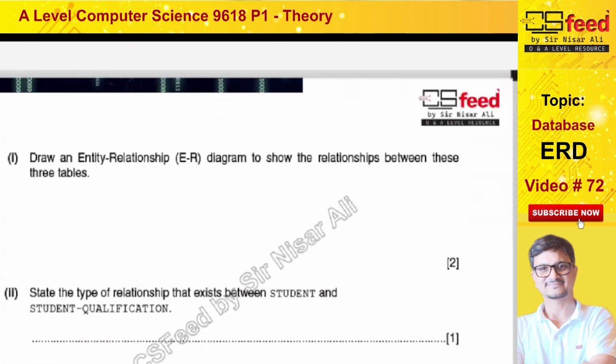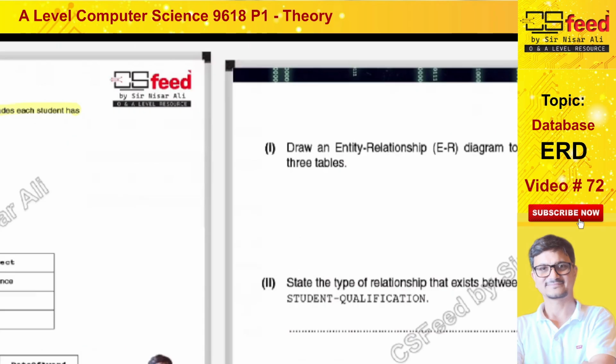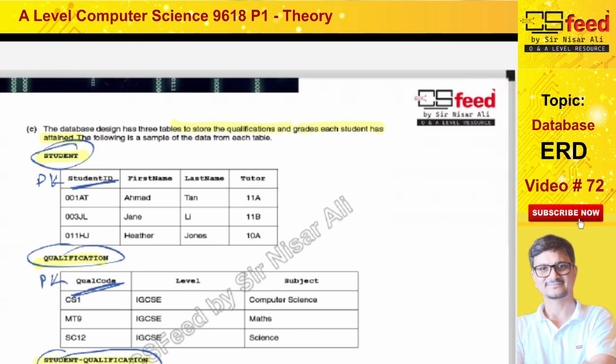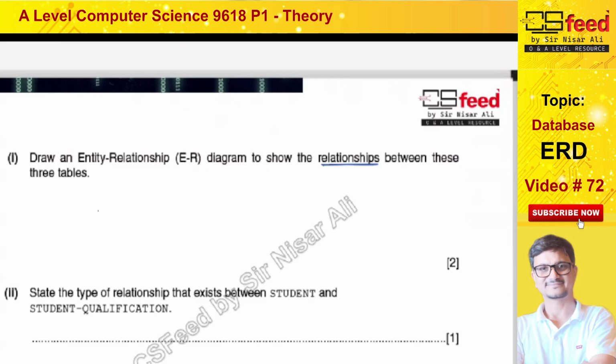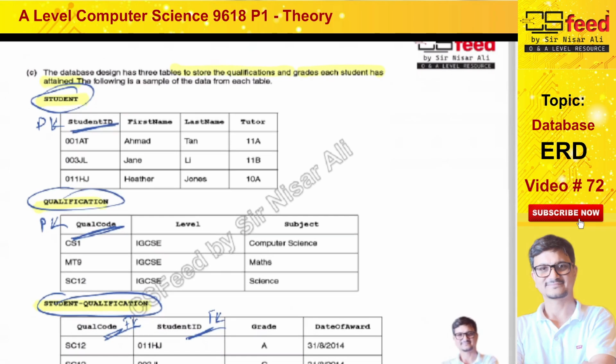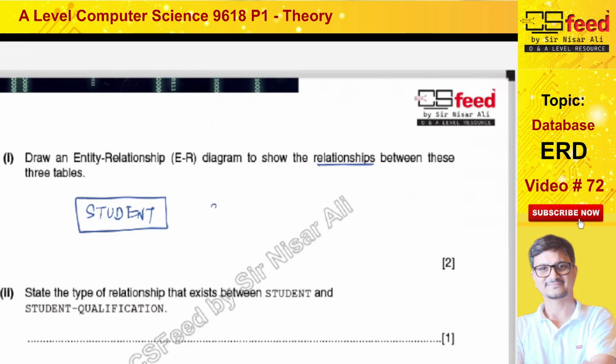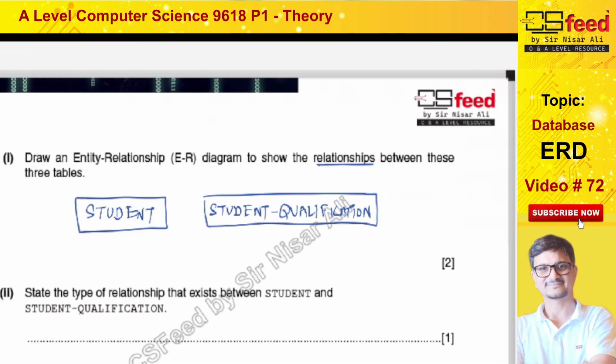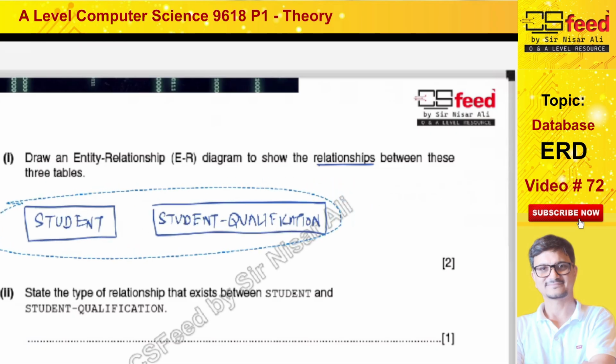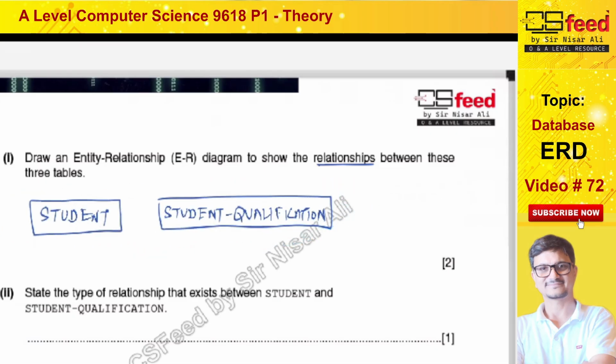Here, draw an entity relationship diagram to show the relationships between these 3 tables. So it's very simple. Student, so we'll write student here. And then in between we'll use student qualification. And then the third one, just a minute, is qualification.